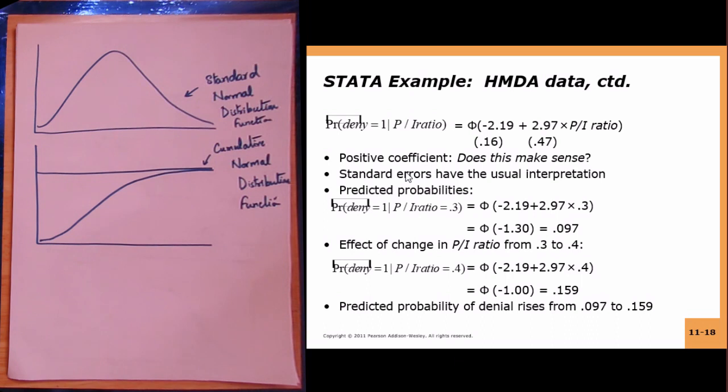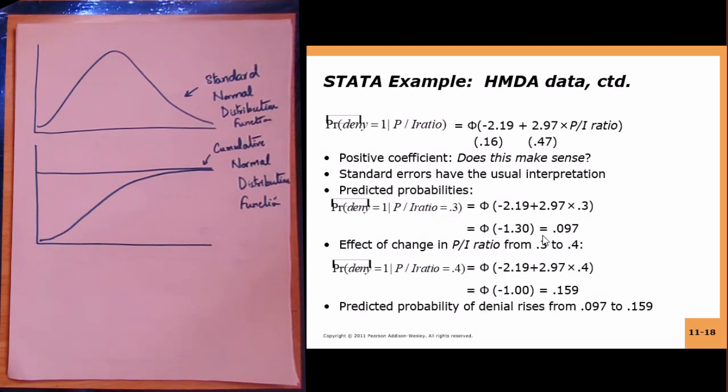So the positive beta 1 coefficient makes sense. Standard errors have the usual interpretation. Given the data, the standard errors for the beta coefficients allow you to see whether it is statistically significant, and here it seems to be.